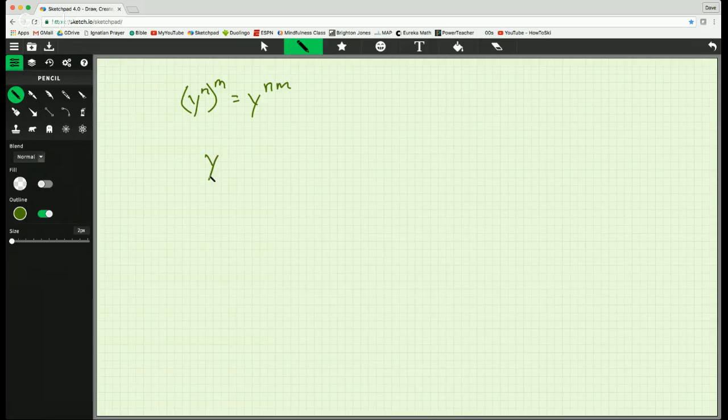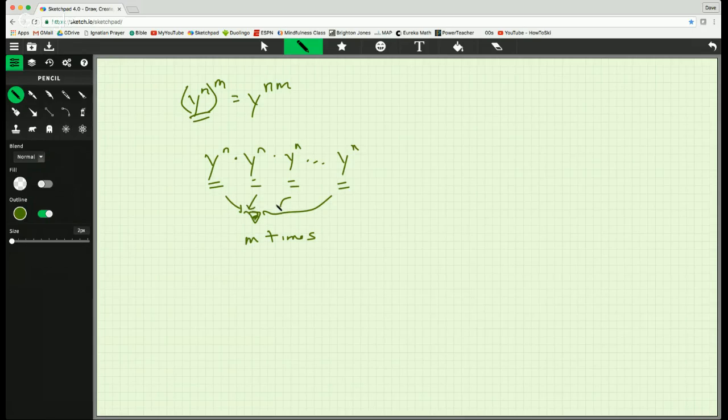You go y to the n times y to the n times y to the n dot dot dot y to the n. This is the informal way to make a proof, but it's a good way. You say that's m times, right? Because y to the nth power to the mth power, I have to draw this thing m times.